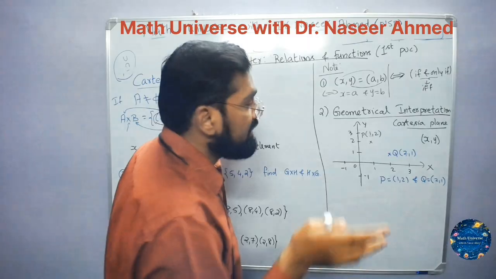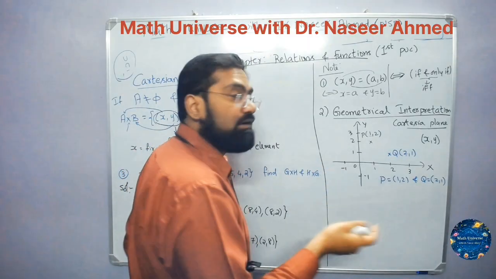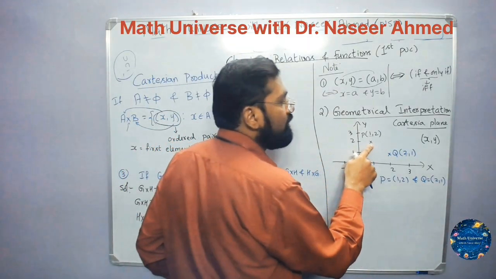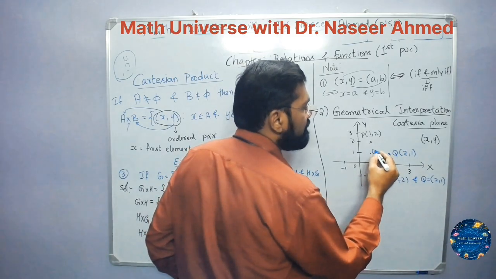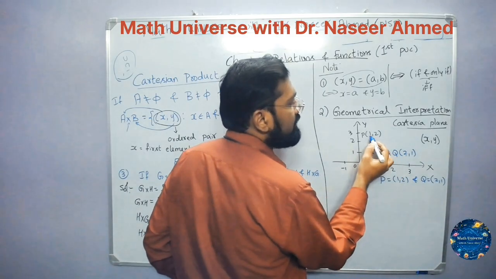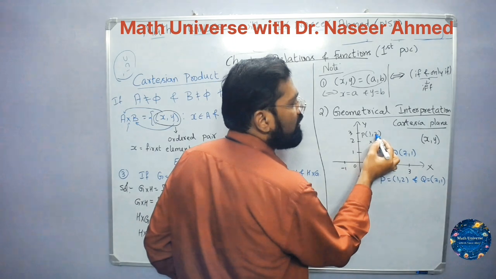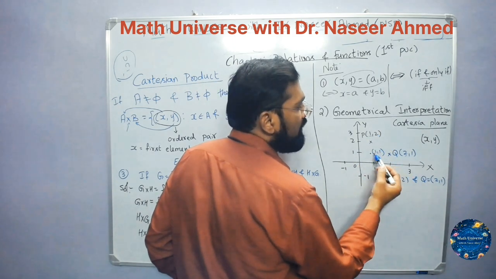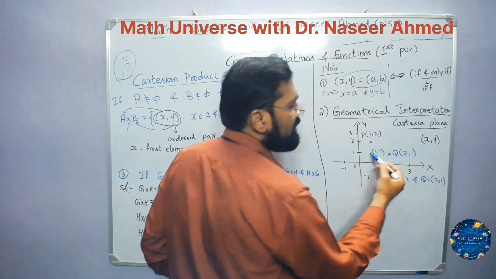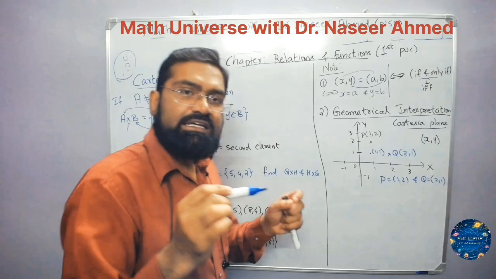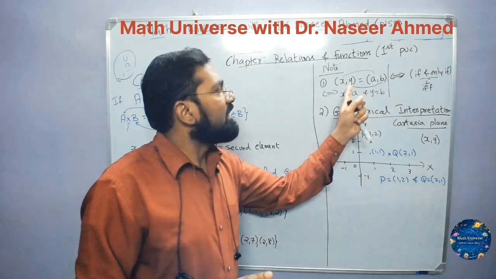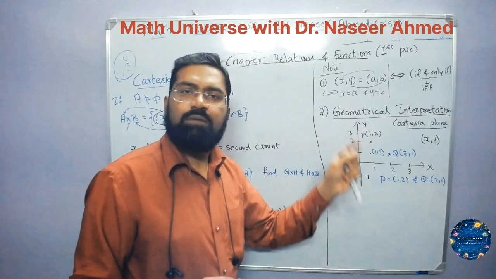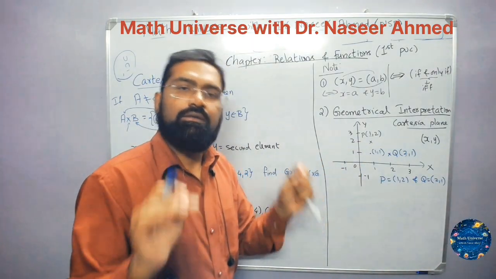If I got again 1 comma 2, it will be here, or again 2 comma 1, it will be here. Even if I take 1 comma 1, here x coordinates are same, but y coordinate is different. For these two, y coordinate is same, but x coordinate is different. So that's the reason both first element x with a, second element y with b should be same. Only then we say ordered pairs are equal.